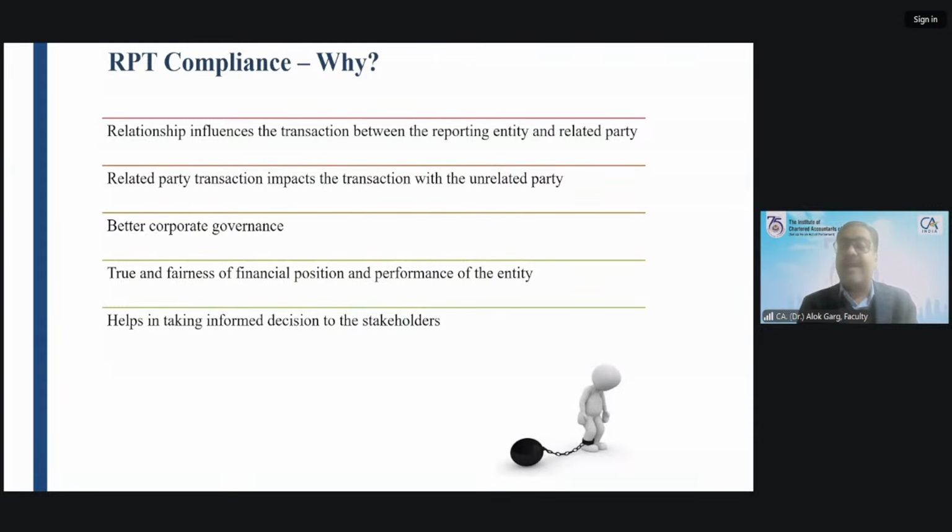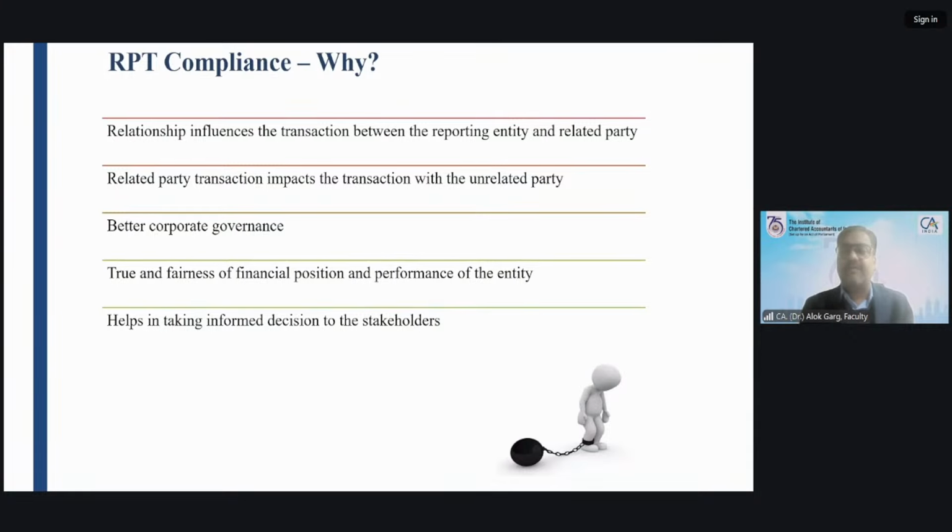So the Companies Act and SEBI LODR provide how to get the approval of a related party transaction. If you want to enter into a related party transaction, it requires approvals from the audit committee. It requires approvals from the shareholders if it crosses certain thresholds, right?